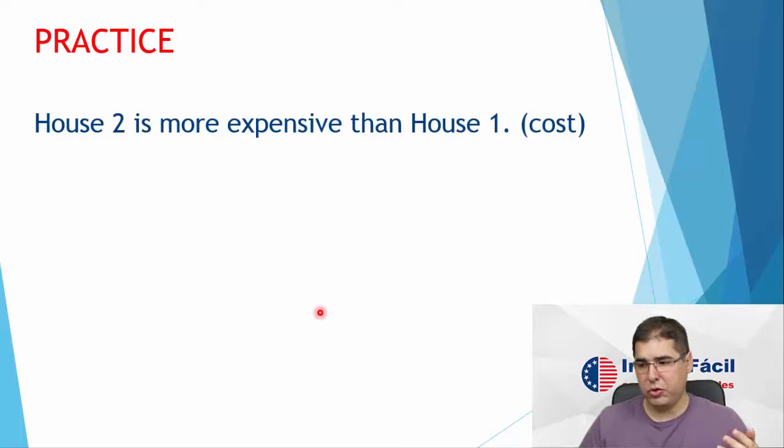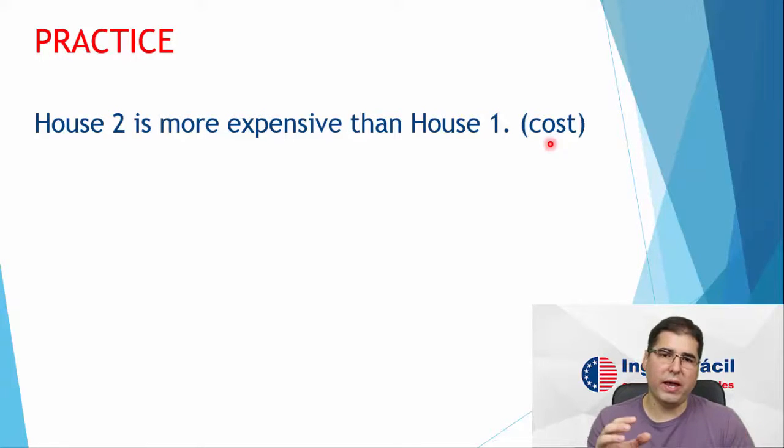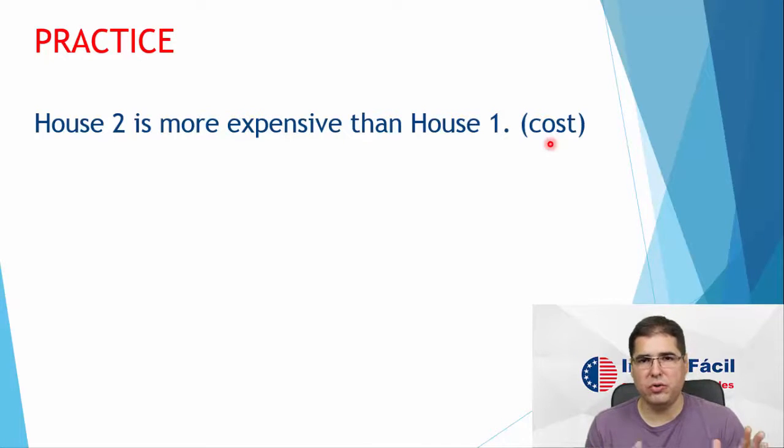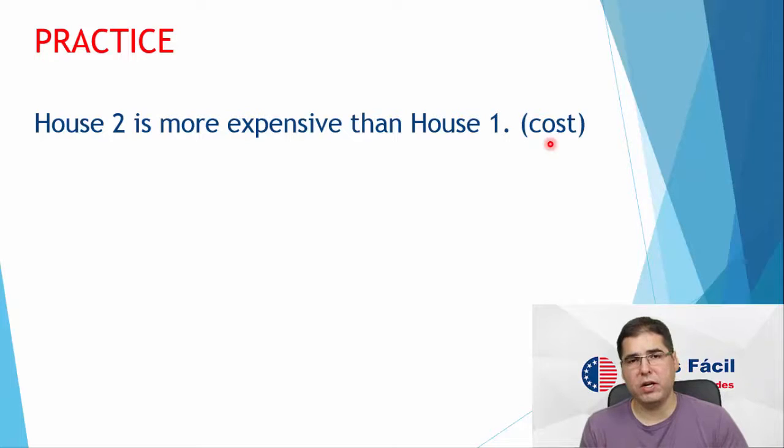Now, house 2 is more expensive than house 1. Again, the comparison is not between two similar things. They are different, right? So first thing we know is that this sentence has to be in the negative. Because now I want to use cost. The verb to cost, remember when we use to cost, we can omit the noun money, okay? It's not necessary to use the noun money, but the structure is exactly the same as if we were using the noun, okay?